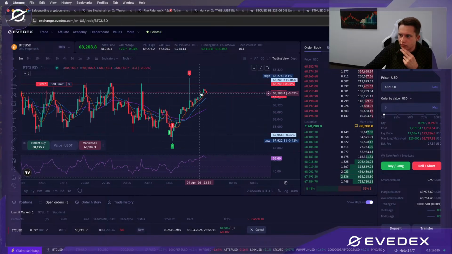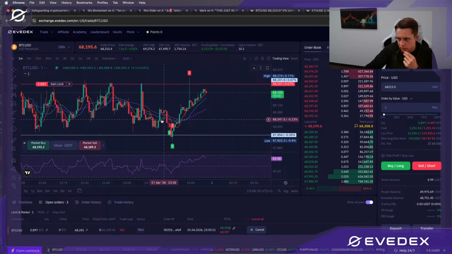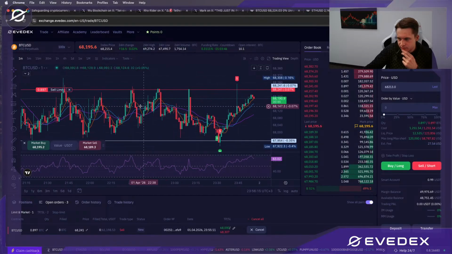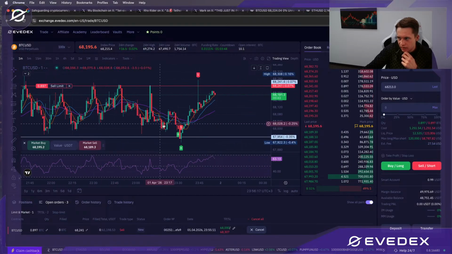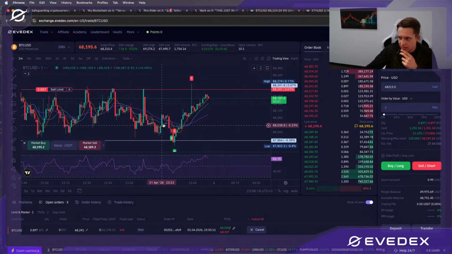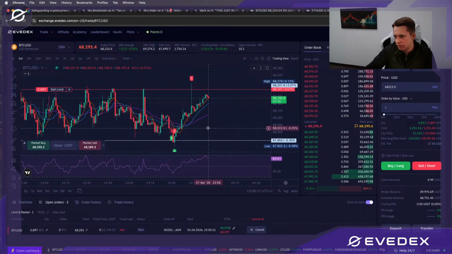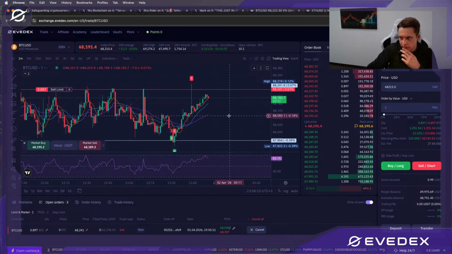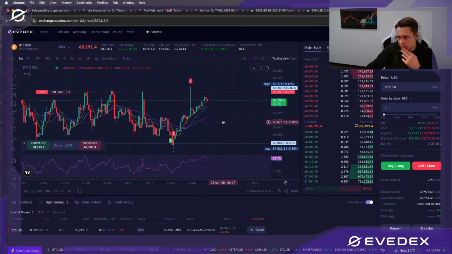We have more of a gradual move, whereas here it's choppy, it's sharp, and then here I feel like it might be generating that strength to break through that level. But at the same time, that might not be the case.